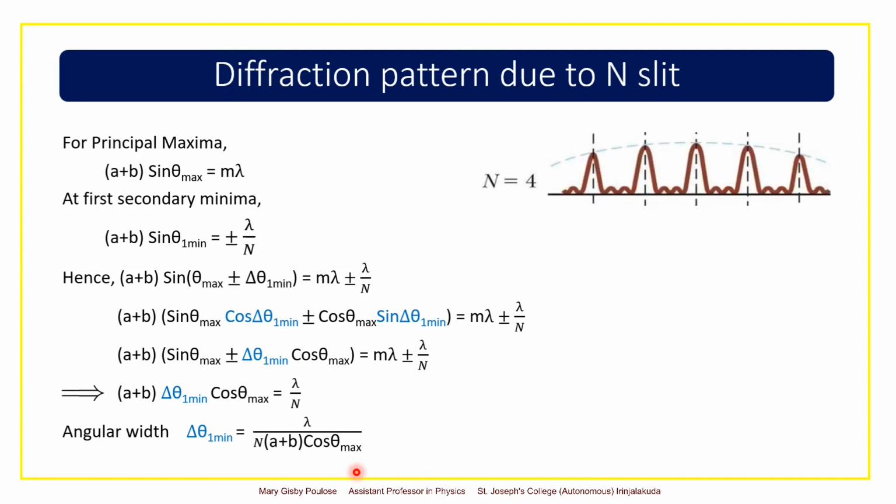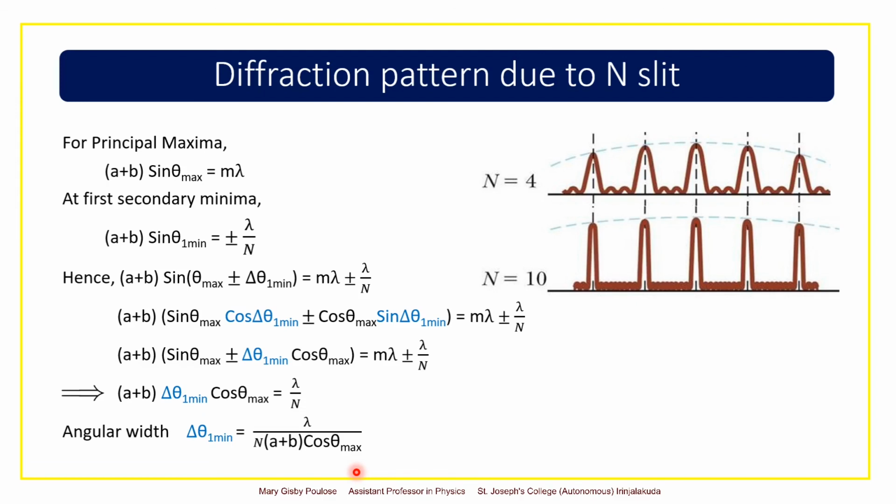So in this figure, we have the diffraction pattern for n is equal to 4 number of slits. Let us see the nature of the peaks here. When the number of slits is increased to 10, the peaks become sharply defined. They become more intense.